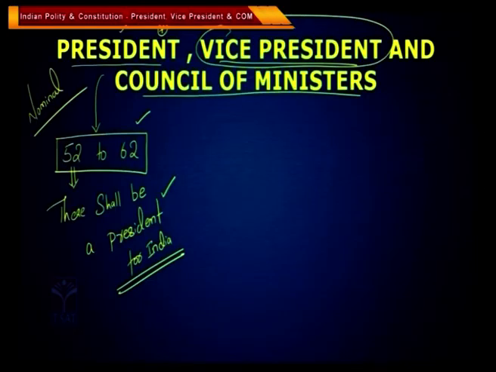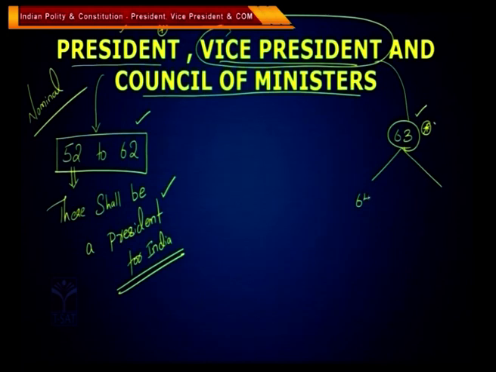And after the President of India, in this class, let us also discuss one more important constitutional position called the Vice President. Article 63 of the Constitution says there shall be a Vice President for India. According to the Constitution, the Vice President has two major functions, discussed in Article 64 and Article 65.